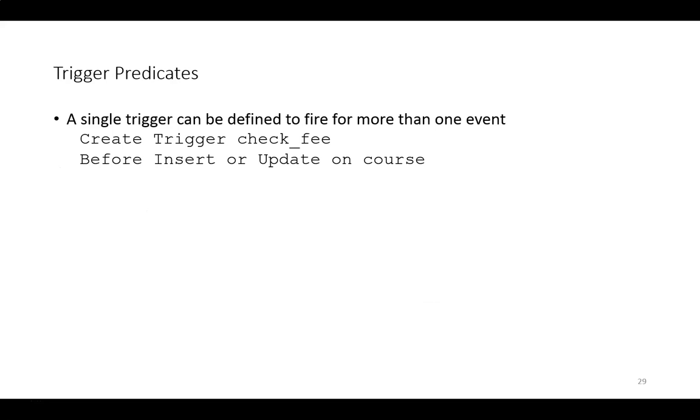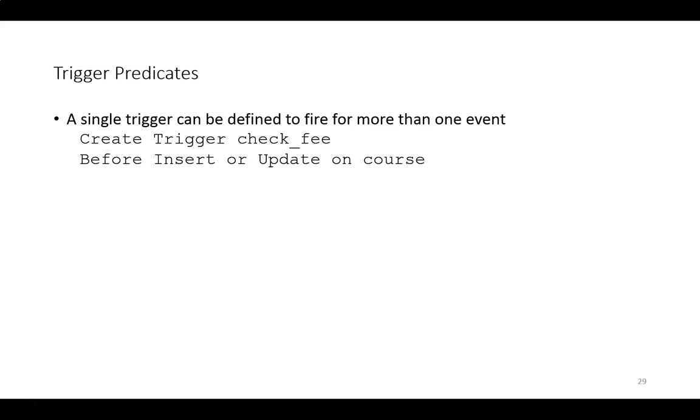Although it's possible to have more than one trigger associated with a table, it is also sometimes more practical to create a single program unit, one trigger, that could fire in response to different events. Here's an example where we're creating a trigger check_fee, which will fire before an insert or an update on the course table.